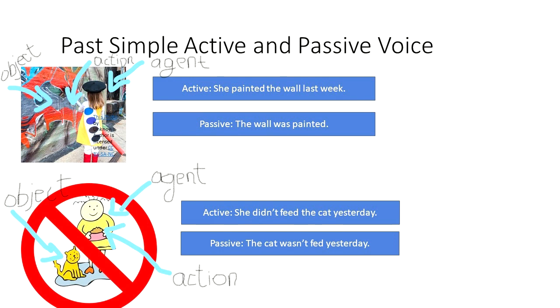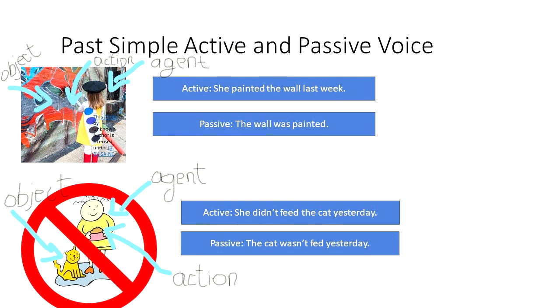Let's have a look at the second picture. What do we see here? We see agent, action, and object. Using the past simple active voice, the sentence would be, she didn't feed the cat yesterday.